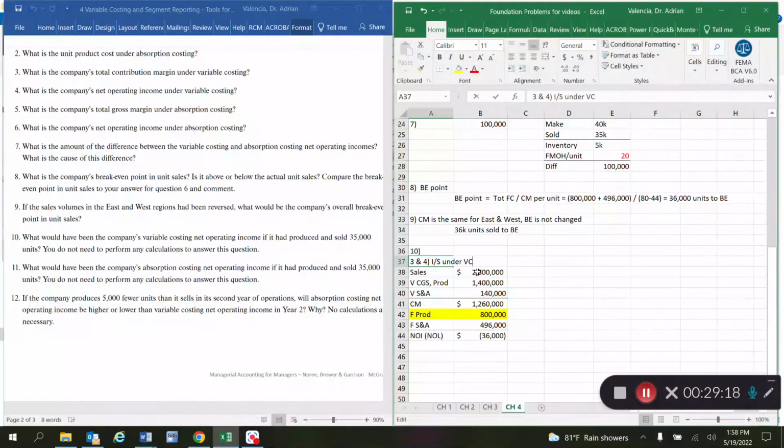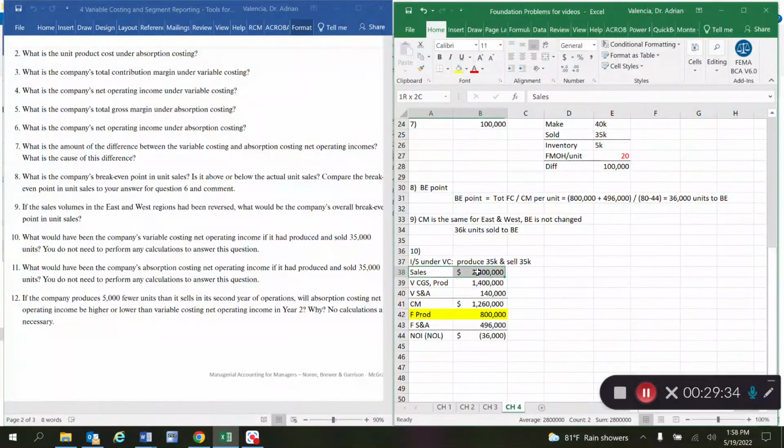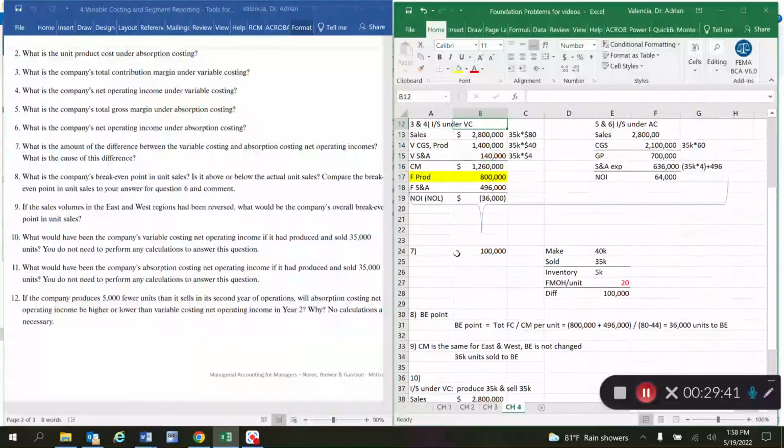Let me erase this. So this is the income statement under variable costing in the scenario where I produce 35K and I sell 35K. So what you find is that this doesn't change. Okay, this is the same under variable costing. And let me go up here and add that on here.